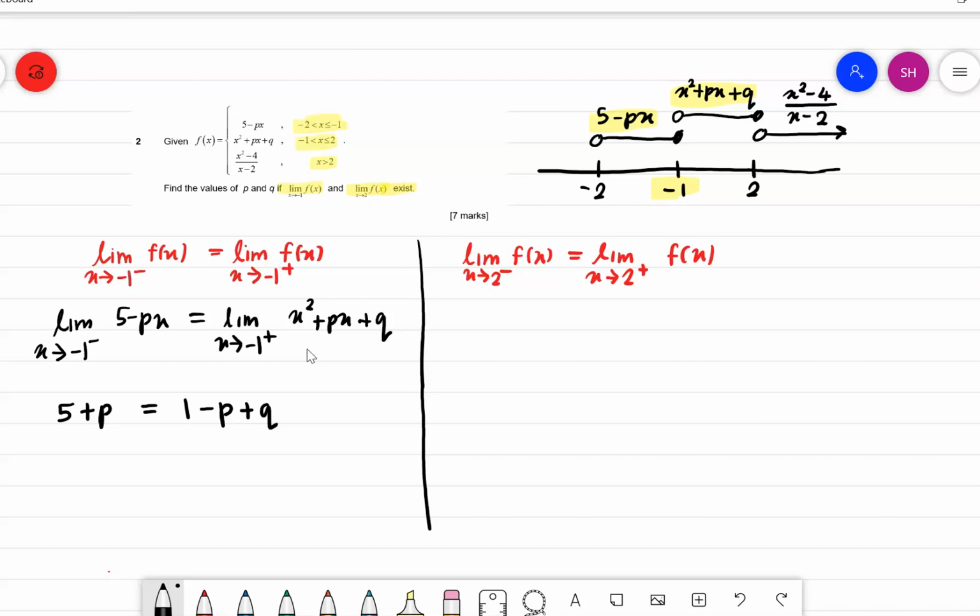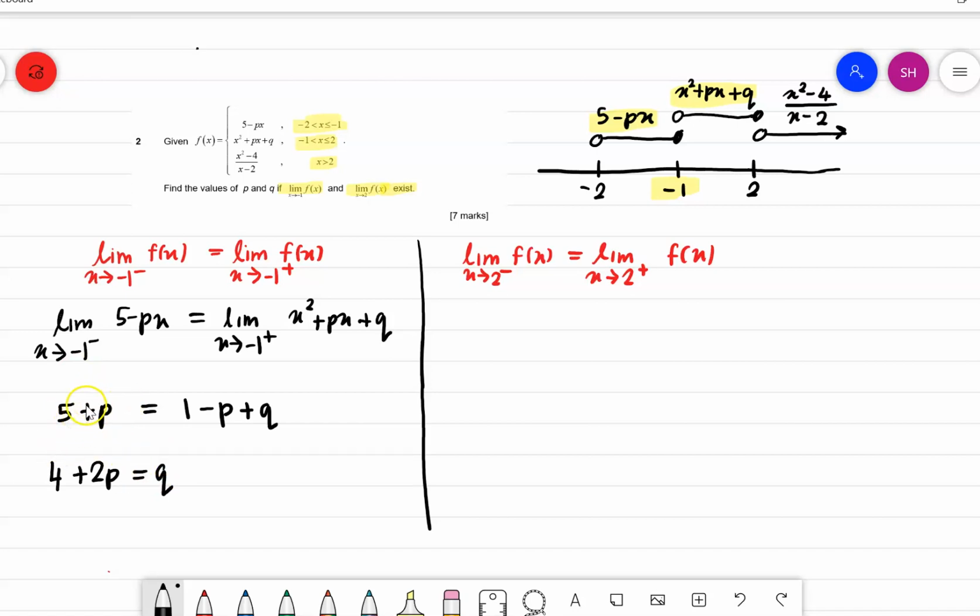Okay, and then simplify. 5 minus 1, I bring 1 to the left hand side. 5 minus 1 is 4. Negative p, I bring to the left hand side. So p plus p is 2p. Equal to q. I make q as the subject lah.